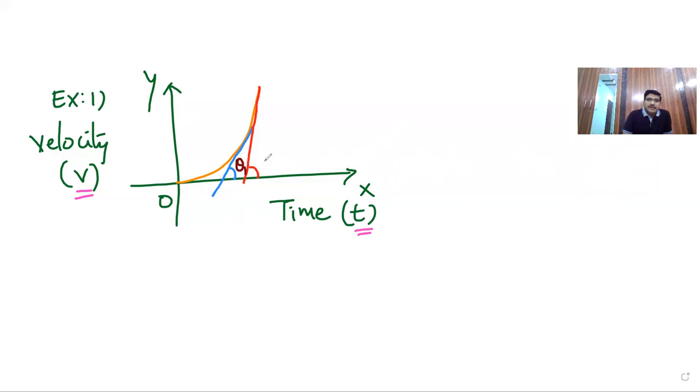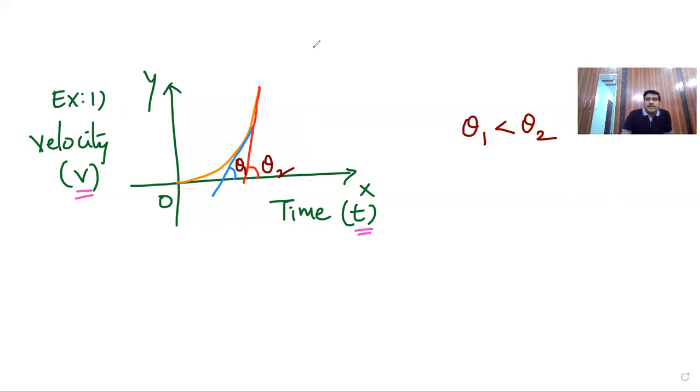This is theta1, this is theta2. As the curve is like this, the slope is theta1, whereas the other line indicates theta2, the slope. That means slowly the slope is increasing. Theta1 is less than theta2.